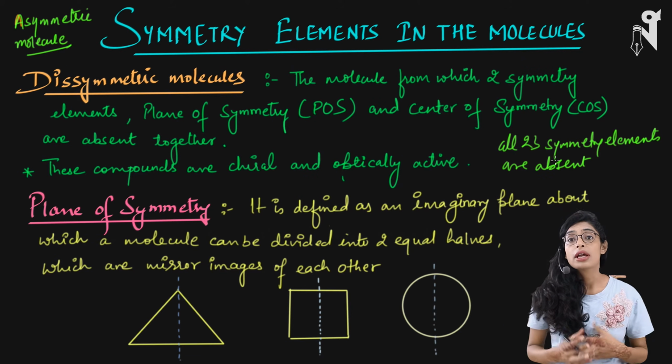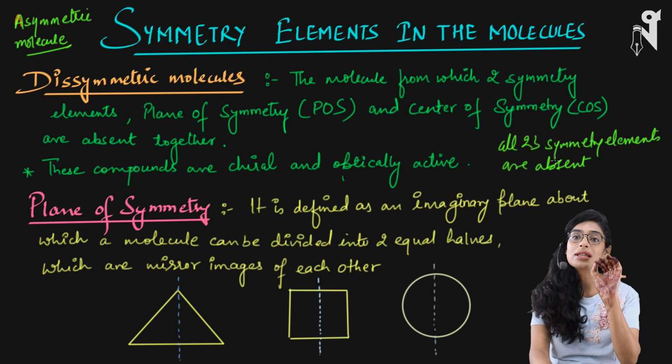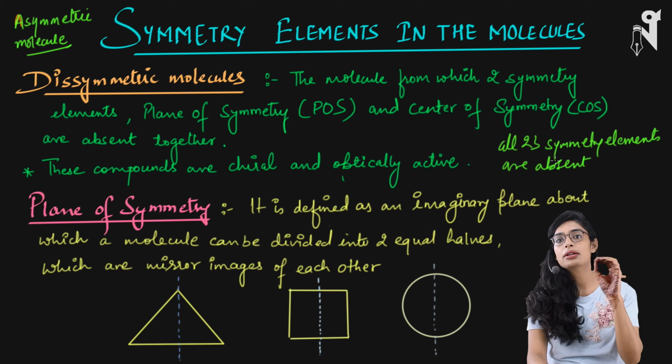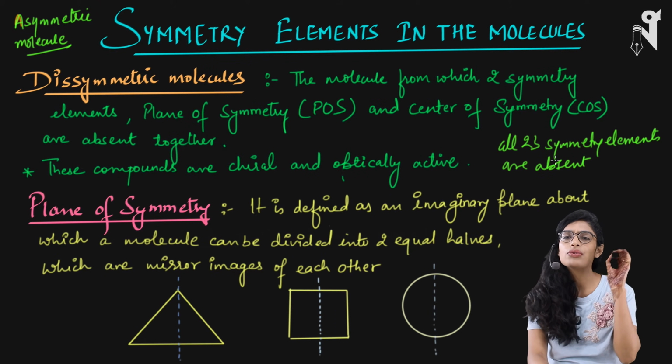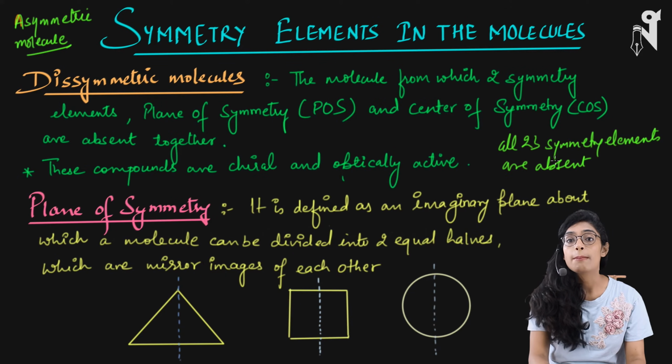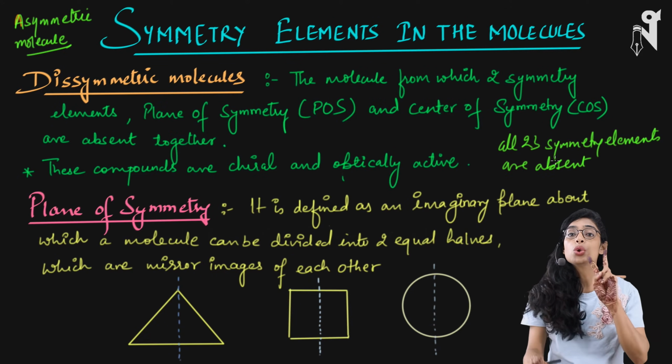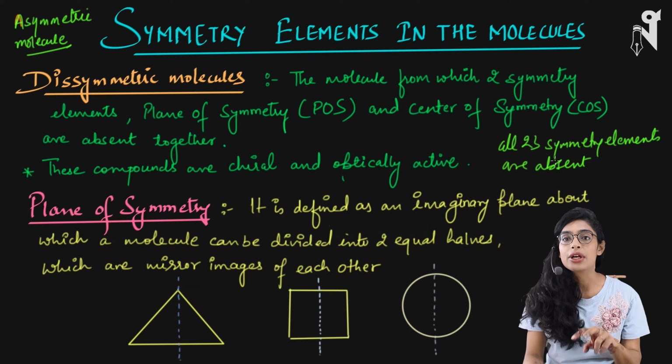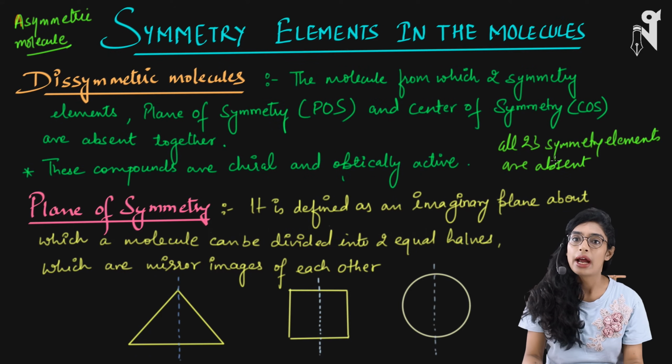Now, we cannot analyze all the 23 symmetry elements, but we can analyze some. There are cases where a few of the symmetry elements are present and still the compound is optically active. But out of the 23, 2 symmetry elements are mandatory to be absent for a compound to be optically active.